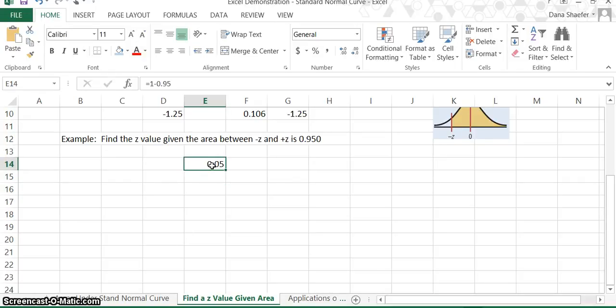So I'm going to take this value and divide it in half. So I'll say equals this divided by 2. So 0.025. On the left, where I'm at negative z, that area from the tail up to negative z is 0.025.